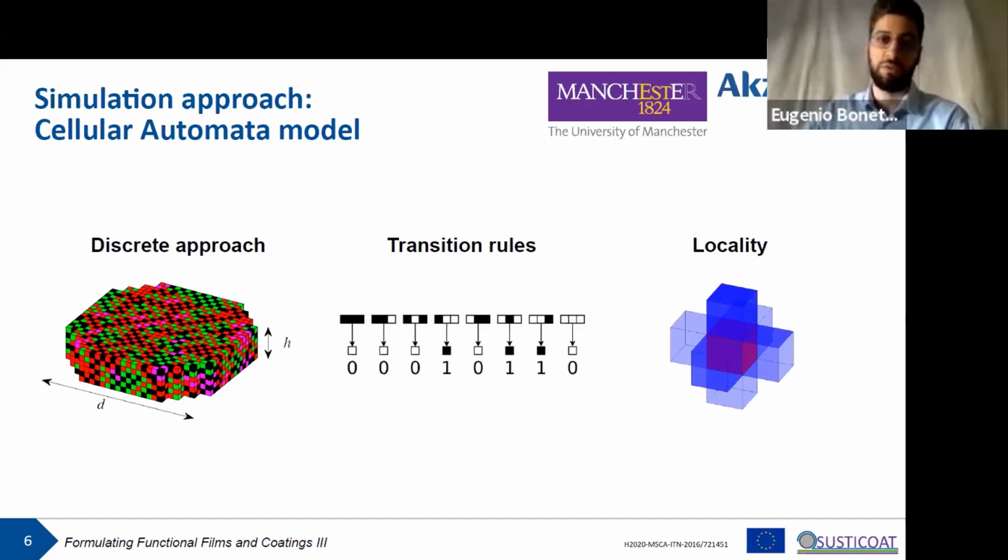The state of the cells evolves in time according to a predefined set of transition rules. The rules are applied locally, so when the rules are applied, only the states of the adjacent cells, the neighbors of a cell, are taken into account.